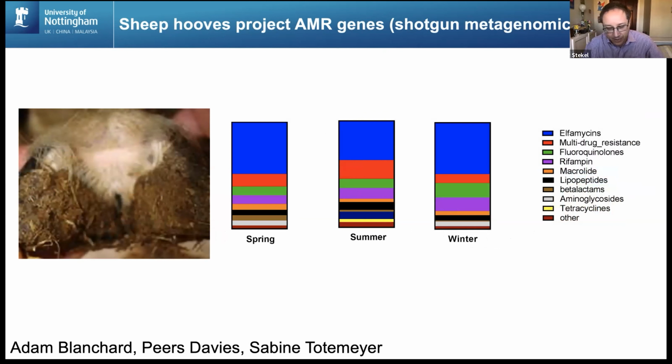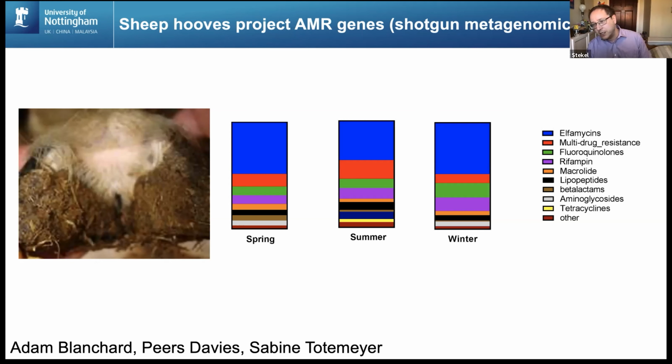I don't know if you remember, there was this EPSRC Bridging the Gaps award in the UK for those who were in the UK, and within Nottingham, this gave out lots and lots of very small projects, and again, this was measurements on a fairly small number of sheep hooves using shotgun metagenomics, and they were again interested in knowing whether or not there may or may not be differences in antibiotic resistance gene abundances in different seasons, but based on what was really quite a small sample.